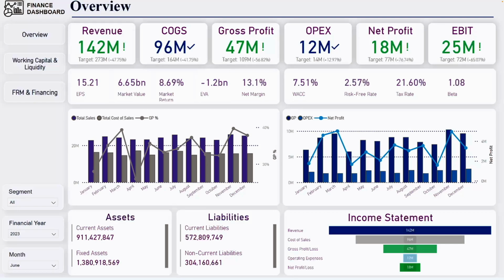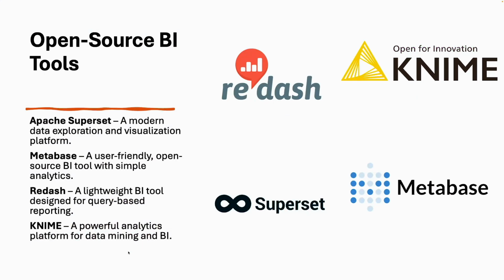So let's now dive into various BI tools available in the market. So there are two types of tools. One is open source and the other is proprietary tool. So both have their own pros and cons. Let's start with open source first. Open source, of course, doesn't cost you anything. They are mostly free.